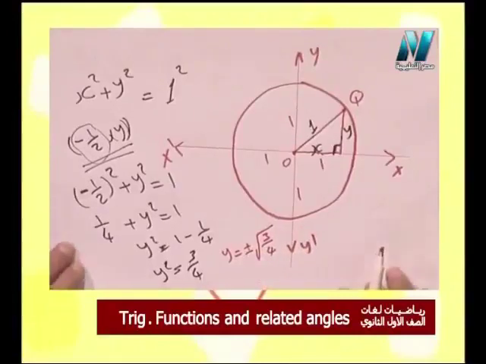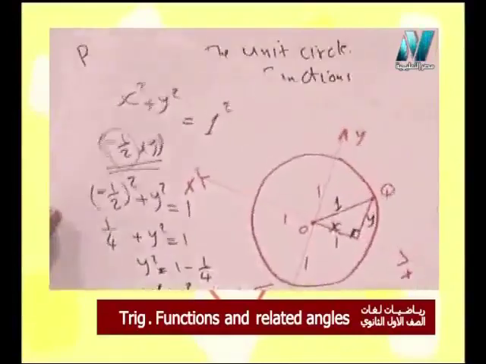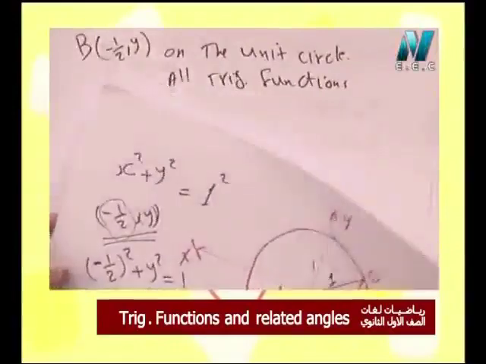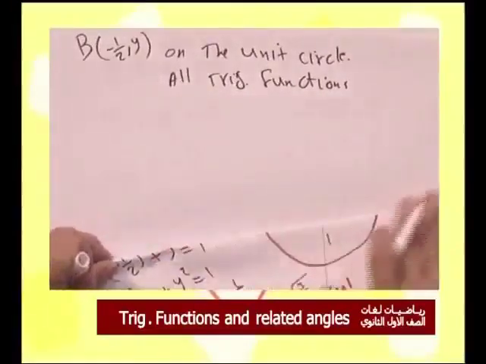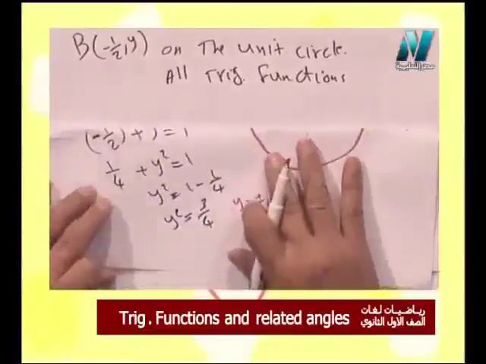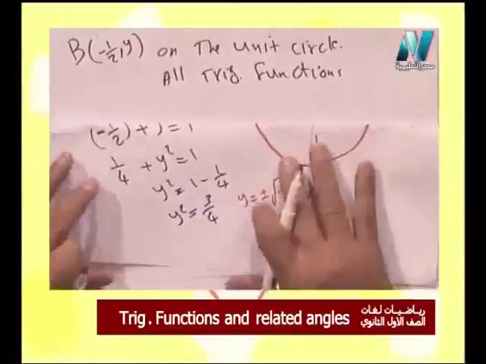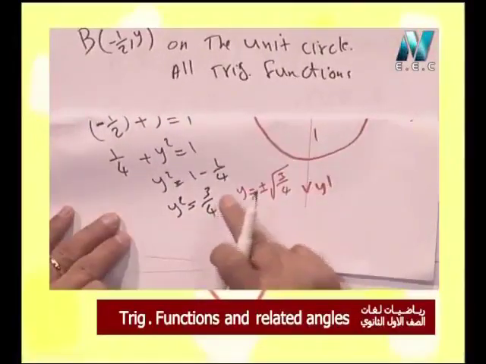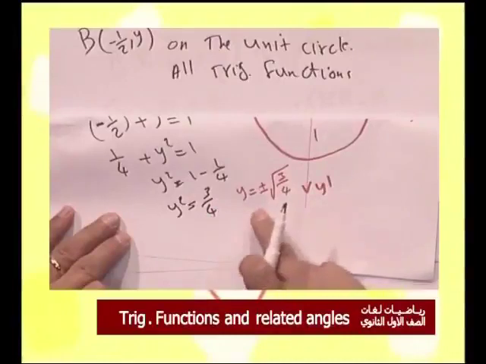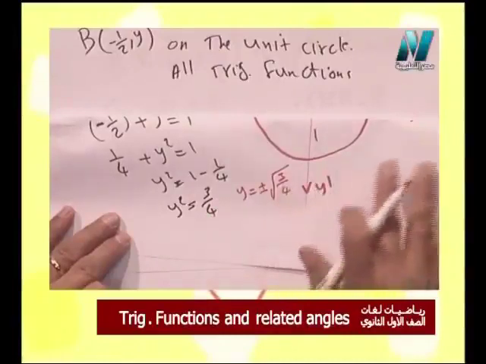So let's move again to the question before. We have found that y squared equals 3 over 4 and y equals positive or negative root 3 over 2.